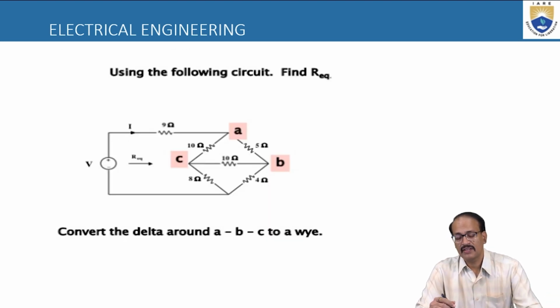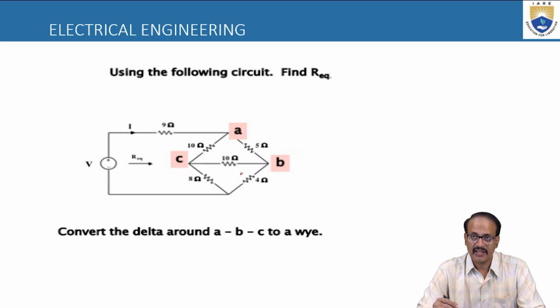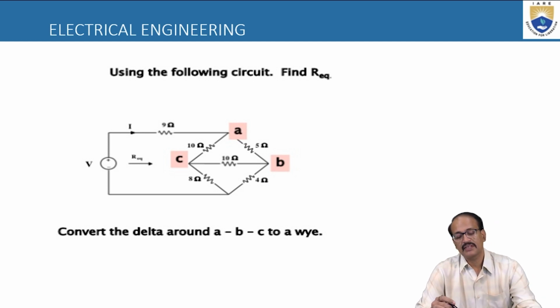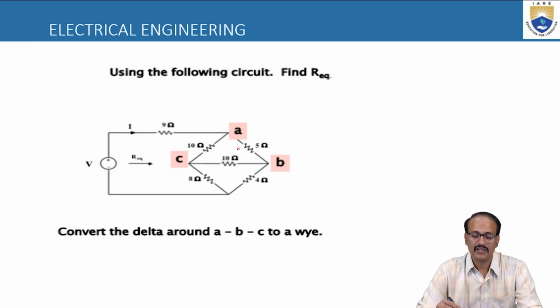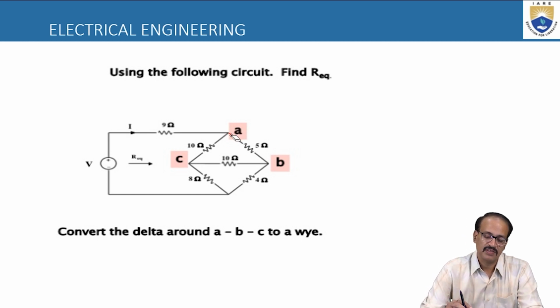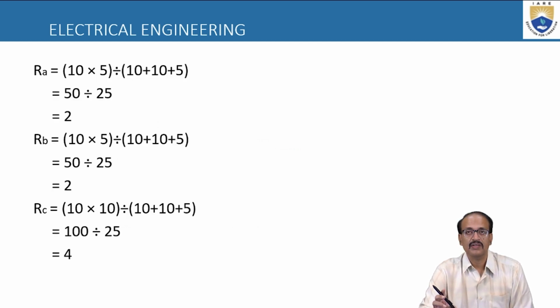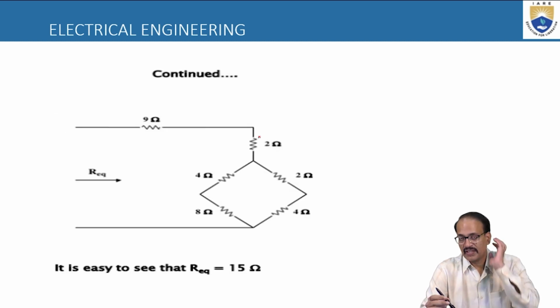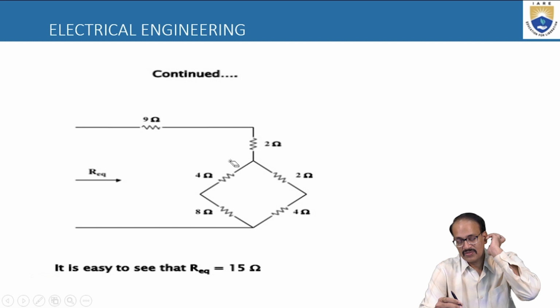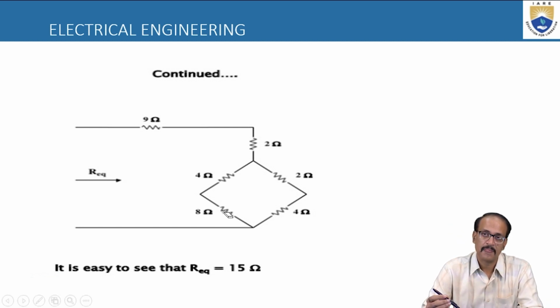Here we want to find finally R equivalent, and for that purpose we have converted this upper delta into star, and we are able to solve the problem with the help of the delta to star formula.